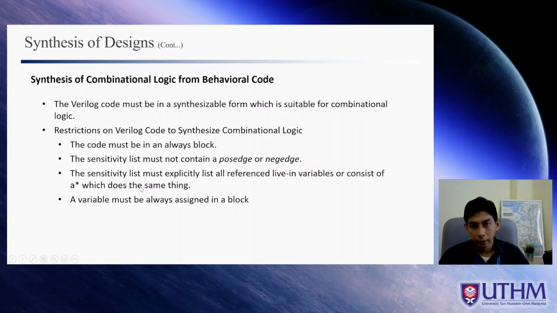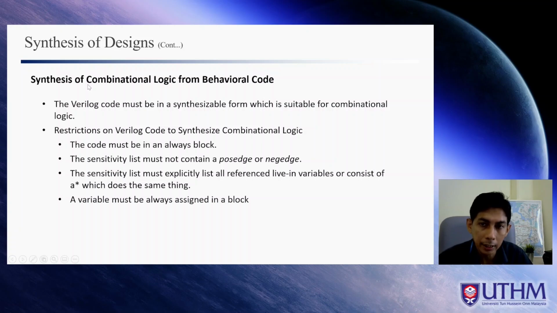Okay. Synthesis of combinational logic from behavioral code. So we discussed already that this is not that easy, but there are some things that you need to avoid in order to write the behavioral code to create a combinational circuit.